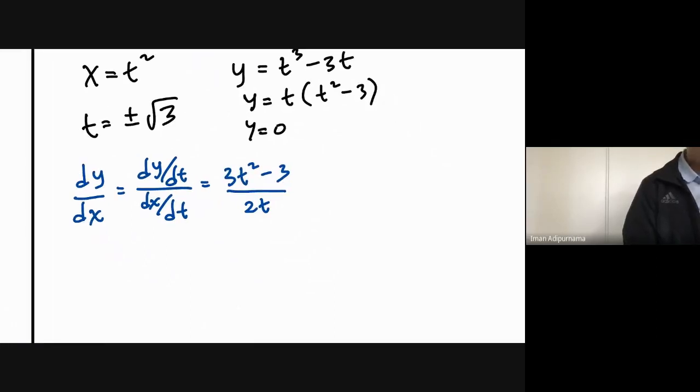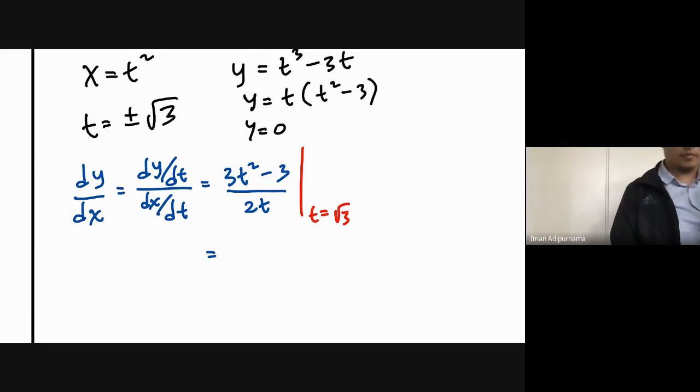And then we are going to check t equal positive square root of 3. Then it's resulting three over square root of 3.